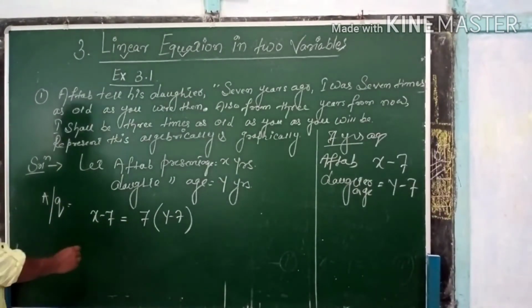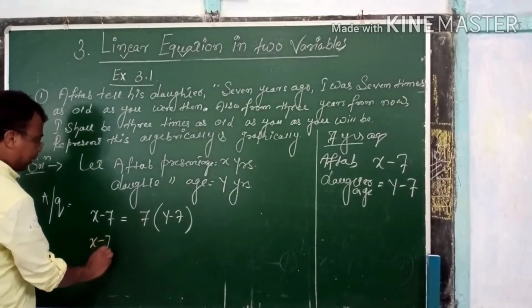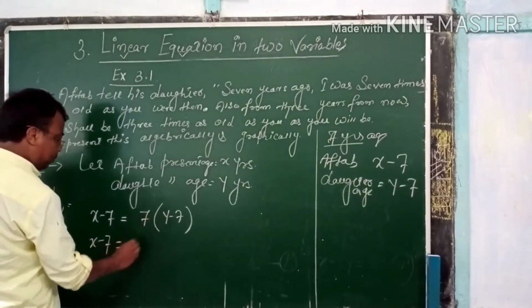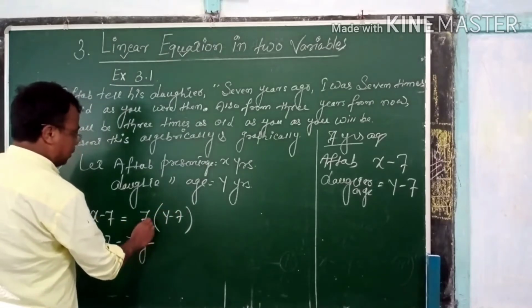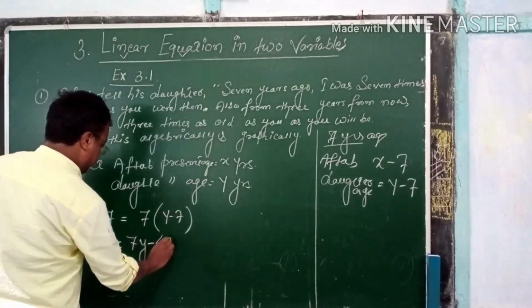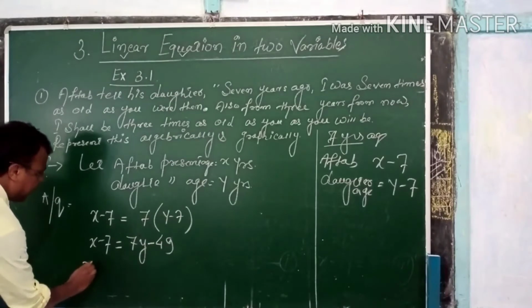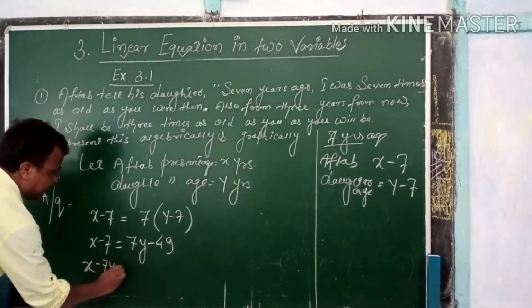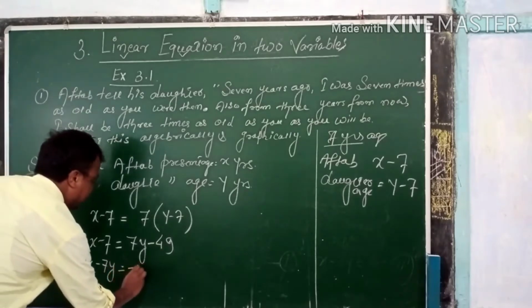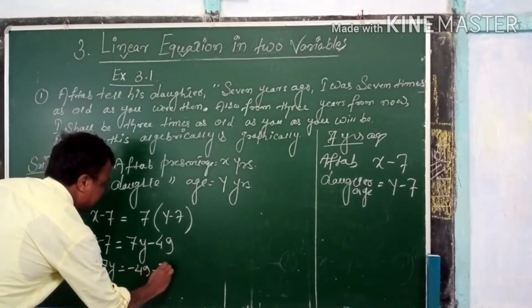standard form. So let us try. x minus 7 is equal to 7 into y, 7y, 7 into 7 is 49. Alright. Now transpose this to this side. So x minus 7y is equal to minus 49 minus 7.